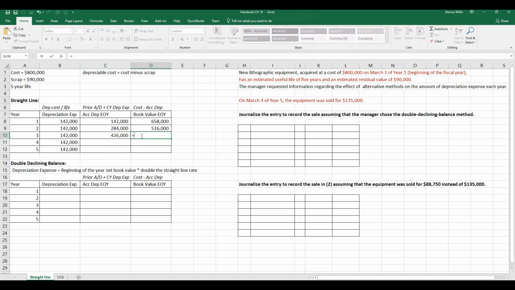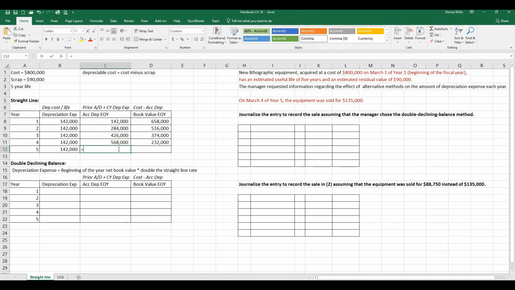Book value then equals the original cost minus the end of the year accumulated depreciation. Okay, let's finish it up. This equals the prior year accumulated depreciation plus the current year depreciation expense. The end of the year book value equals the original cost minus the end of the year accumulated depreciation.